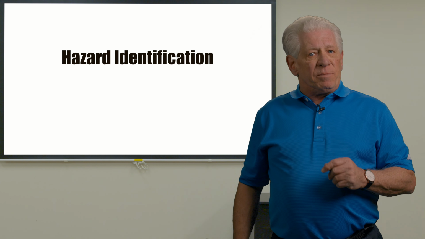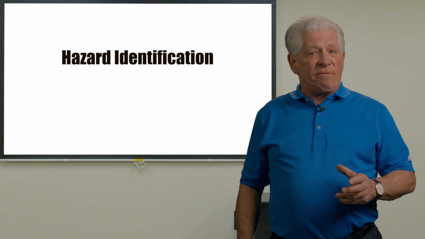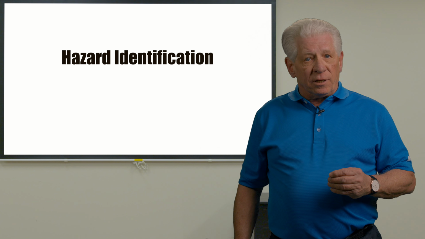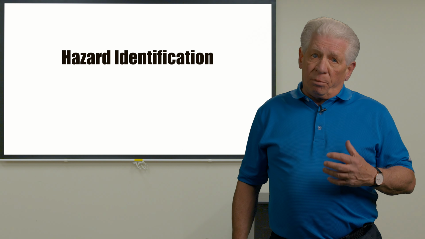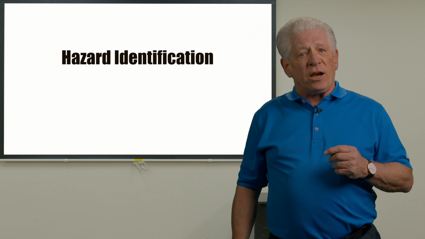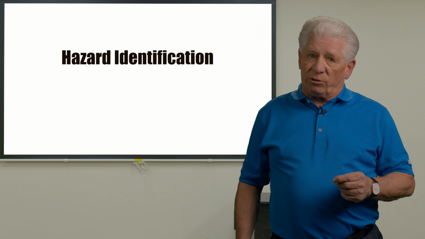Once the job steps have been decided, the second stage is to look at each step in turn and identify any and all the hazards that are present for each job step. The success of the FHA pretty much relies on this second stage and the ability to identify all the hazards that are present. Many hazards are relatively easy to identify.